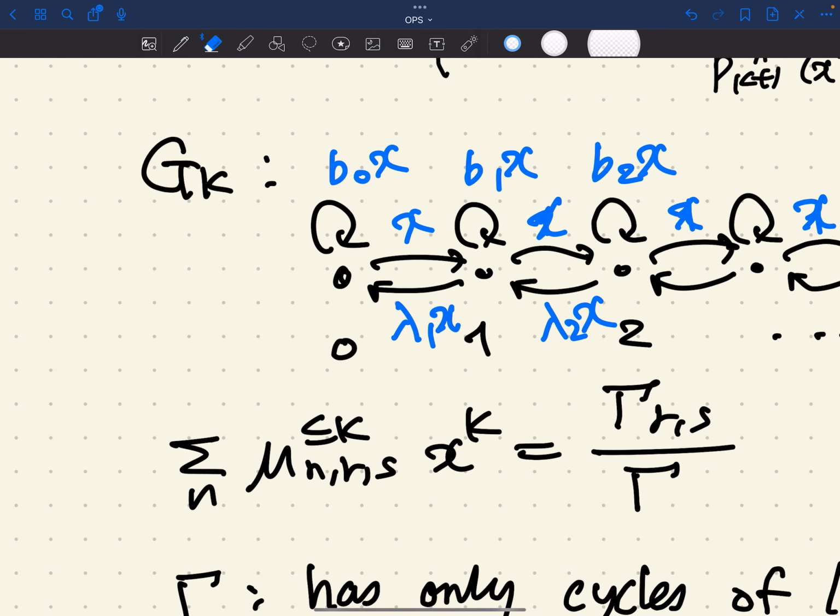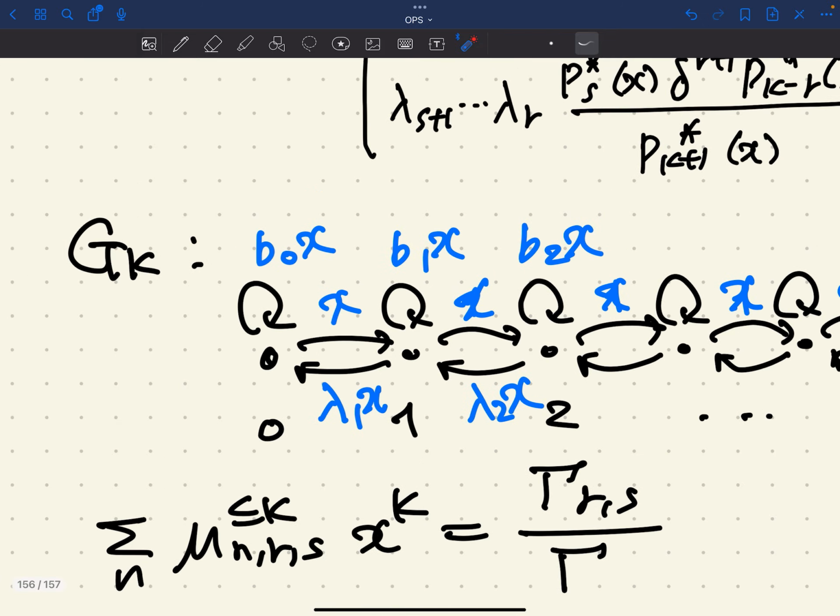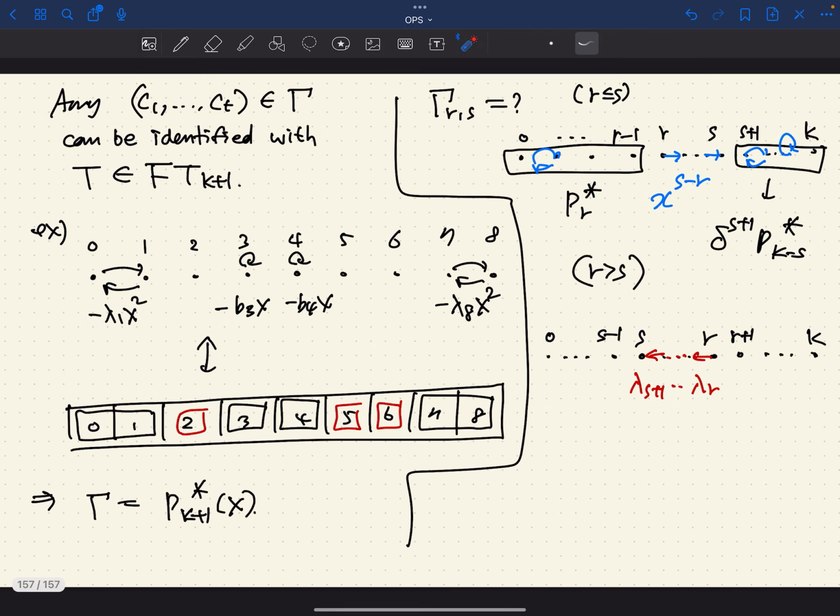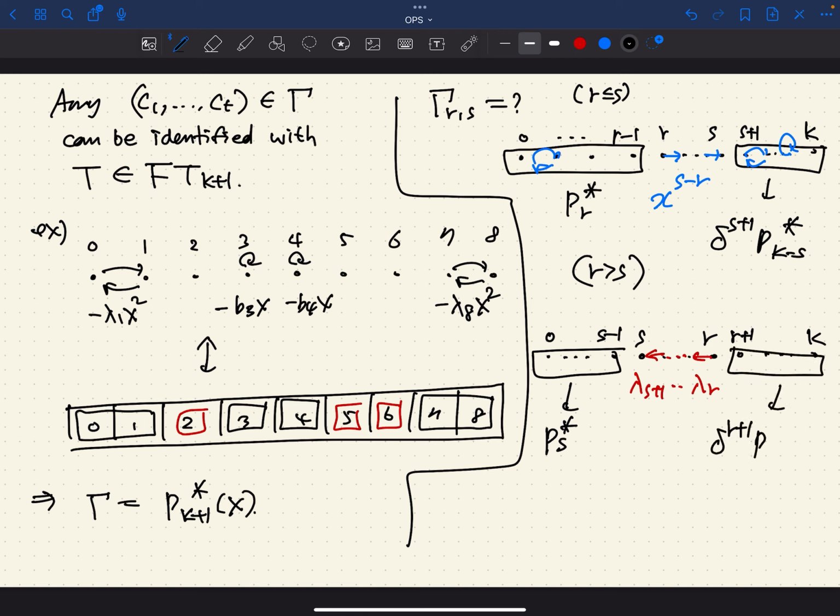I think I should have defined the weight x squared and lambda here instead of putting x and lambda there. Yeah, there might be some mistake in this diagram, but we want this instead of x. And then this part giving us p s, this part giving us exactly what we wanted.